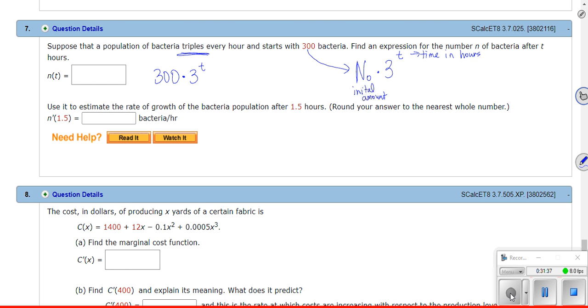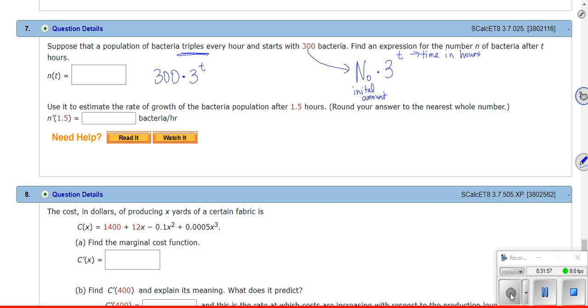Then it says, use it to estimate the rate of growth of the bacteria population after 1.5 hours. Okay, after 1.5 hours, you have to find first the derivative of N. Use your cheat sheet I gave you.